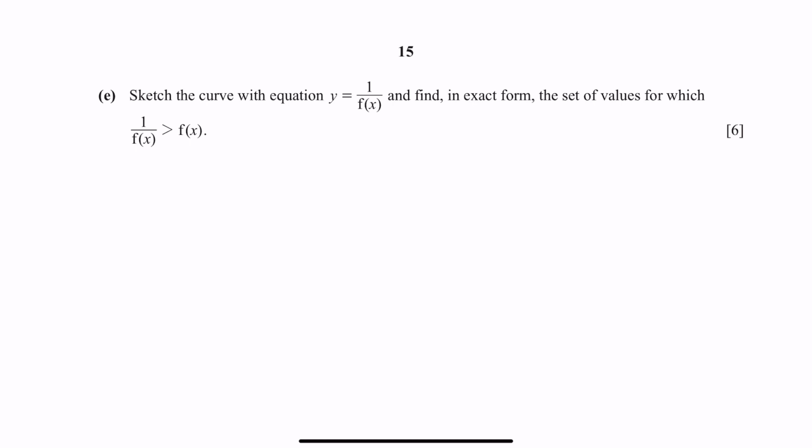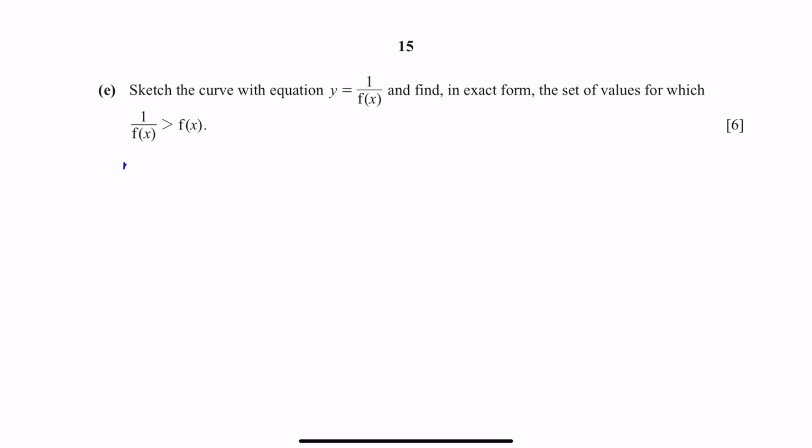For part E, we need to sketch the curve with equation y equals 1 over f(x). To sketch this graph, there are a few things to take note of. First, the asymptotes of the original graph. The vertical asymptote is now the x-intercept of the new graph.